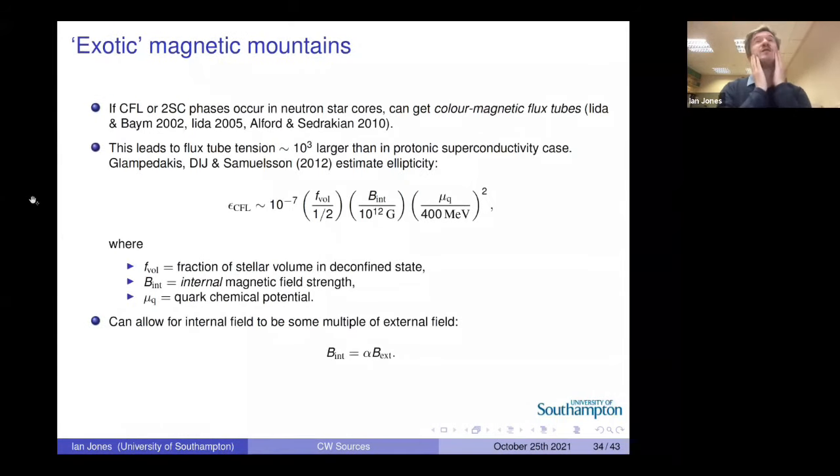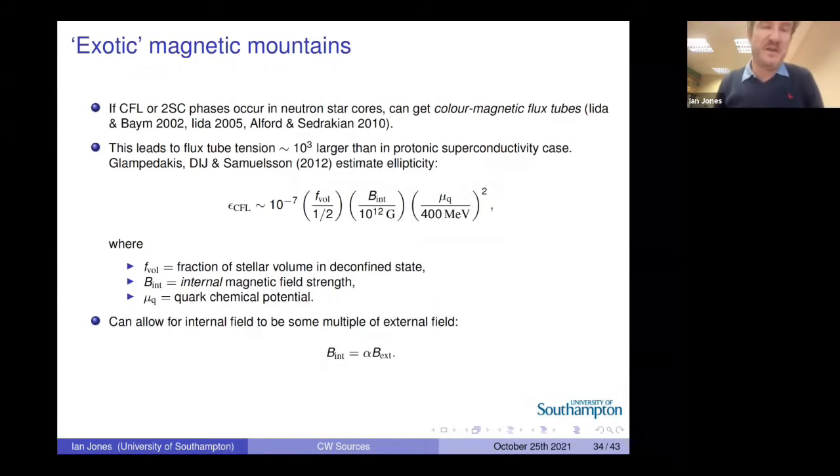Again, I've spoken about sort of mainstream things, but one can get bigger numbers if one goes to other parts of the QCD phase diagram and allows for more exotic components inside your neutron star. So one of the phases that I talked about early on was the so-called color flavor lock phase.